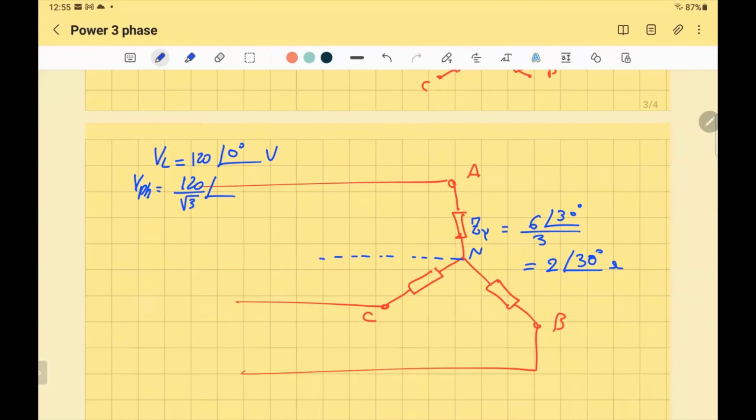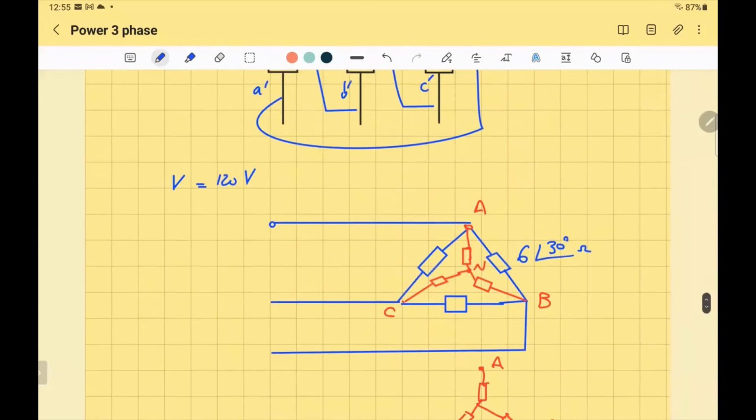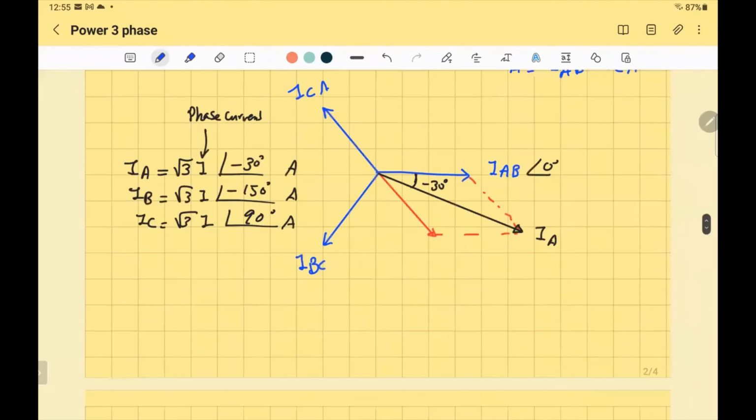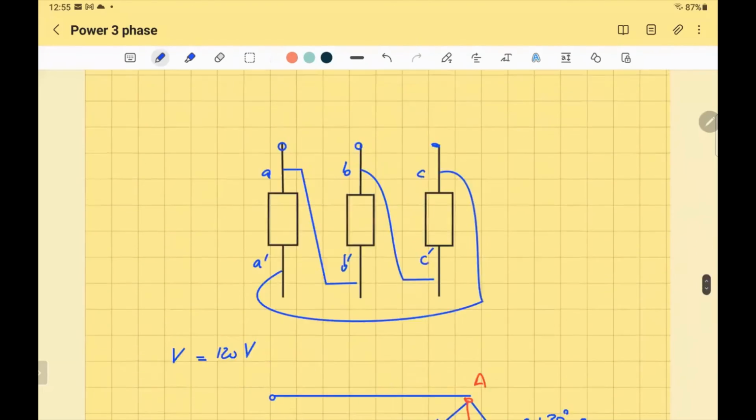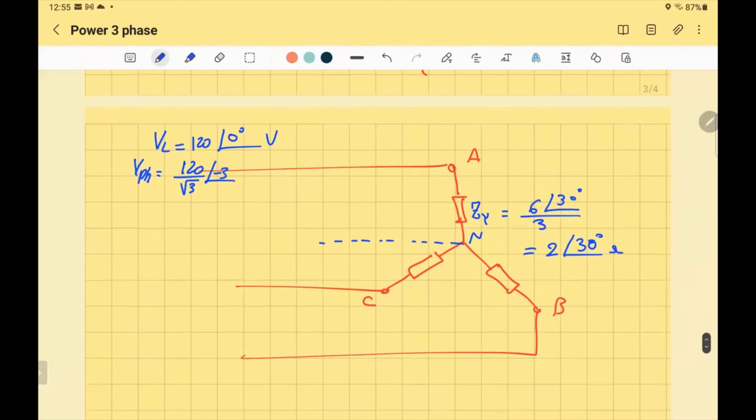As we did exactly last time, that's line to line at 0, and then the phase will be shifted by negative 30, right? Yes, negative 30.